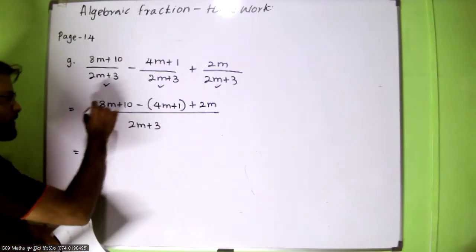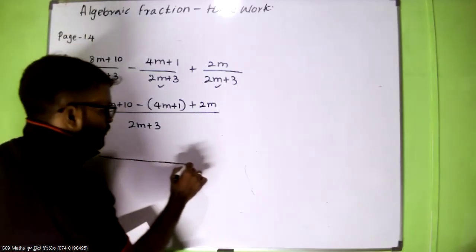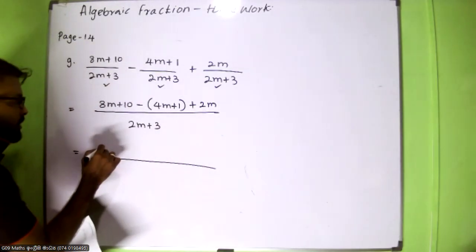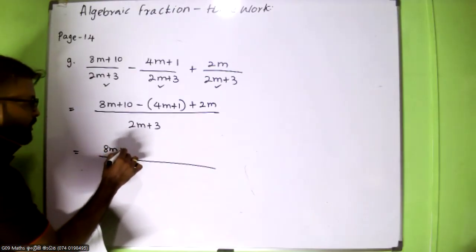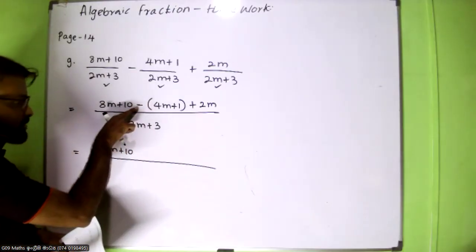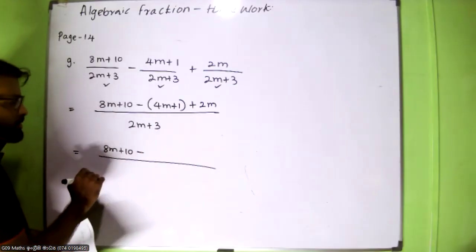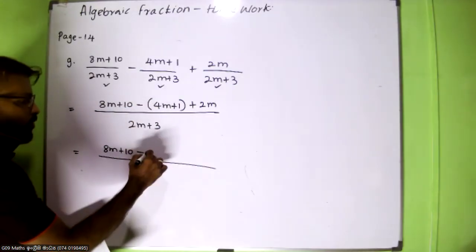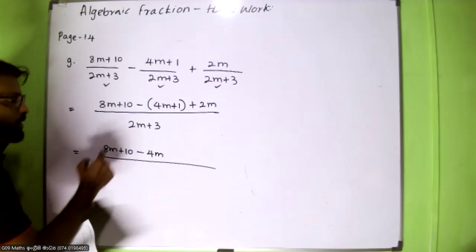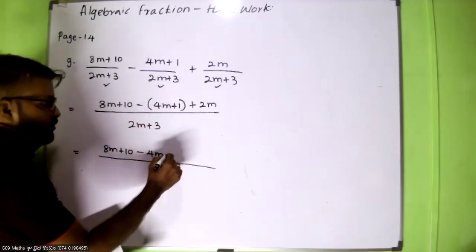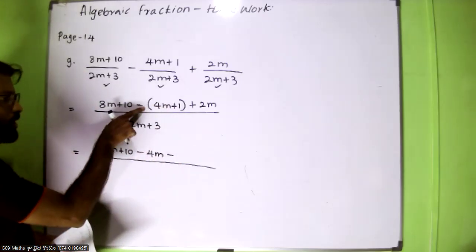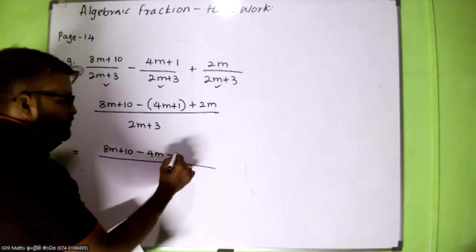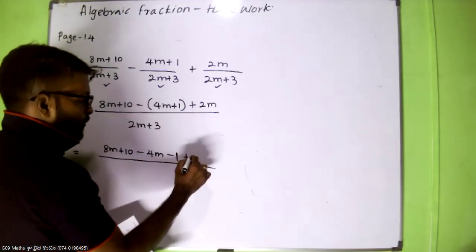Then simplify the numerator. 8m plus 10, minus into positive, minus 1 times 4m, minus into positive, minus 1 times 1. Here you have plus 2m.